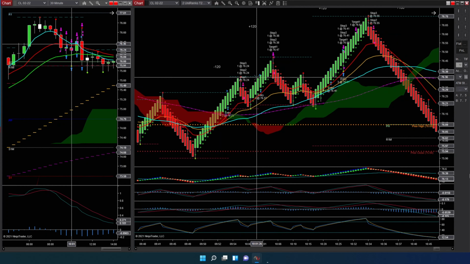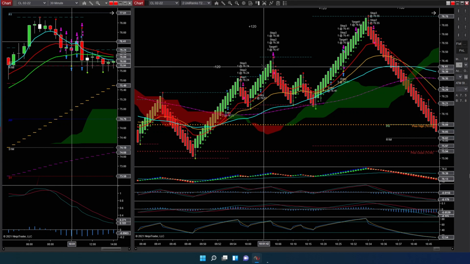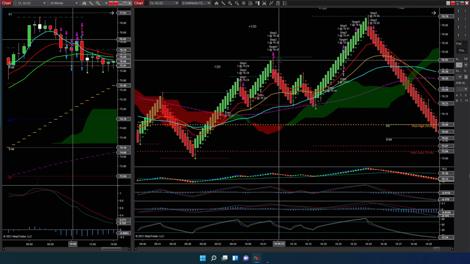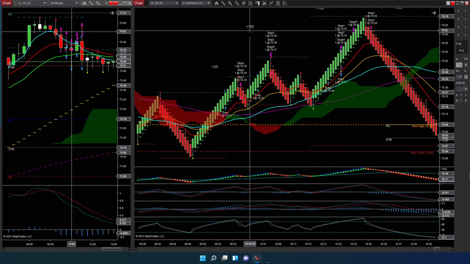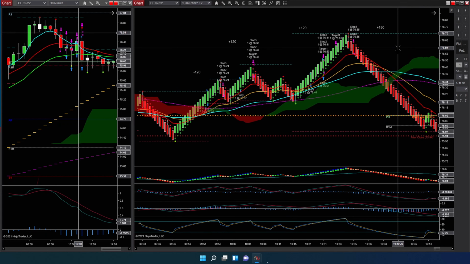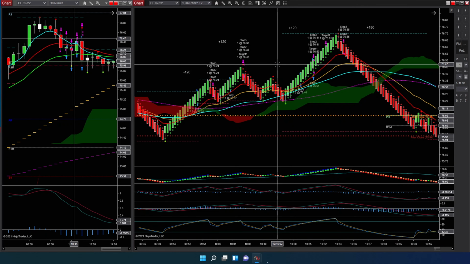Then I took that break, and that one was good for the first contract, and the other two were sold at a stop. So this one was good for $120. At this point, I am $600 down, and then I took this break out of this Darvas right here at this level.